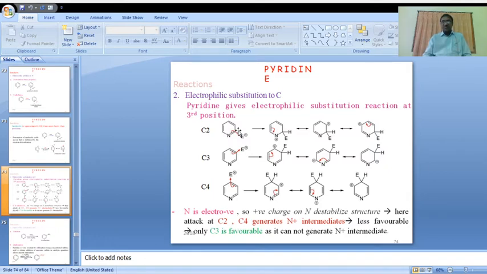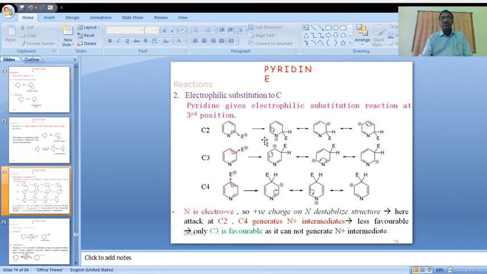Here the electron density on the cyclic ring of pyridine is less even though it is aromatic. Please concentrate.